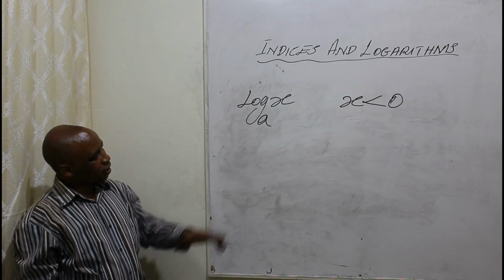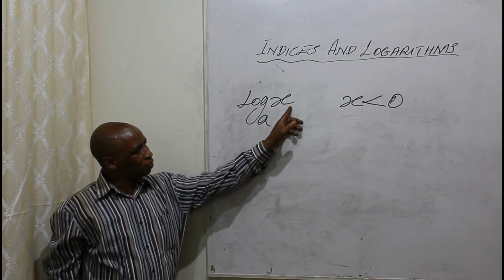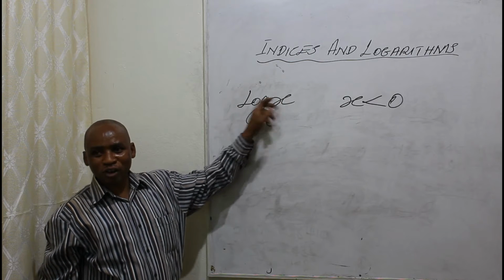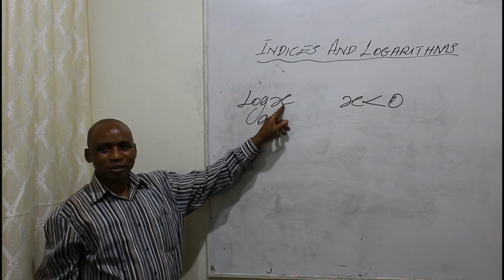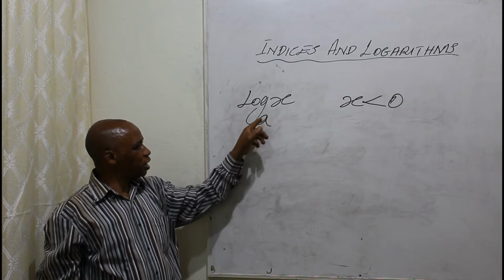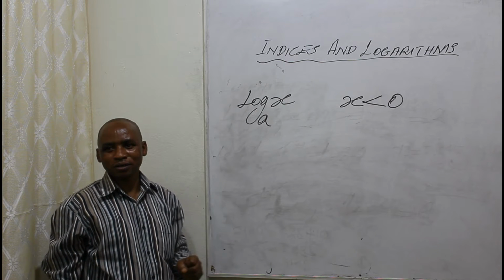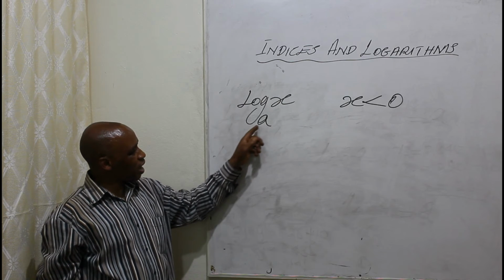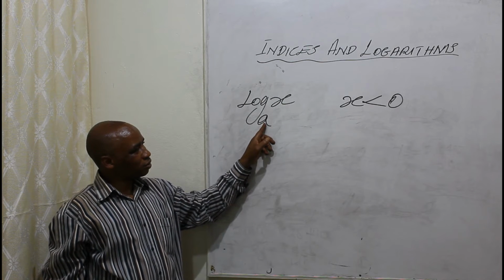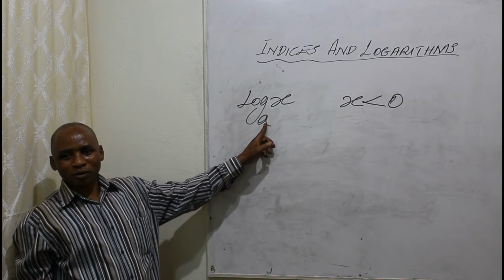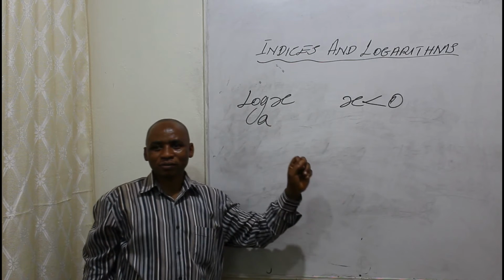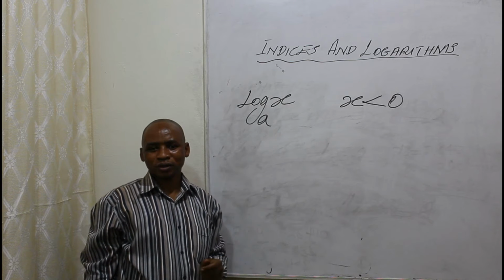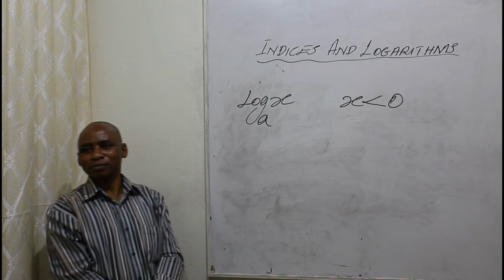Why? If you look at the definition, the logarithm of a number x is the power to which the base a must be raised to give us x. Now, is there any power of a positive base that will give you a negative number?